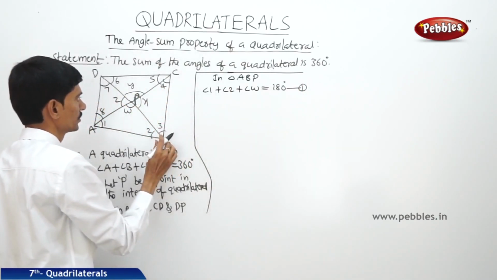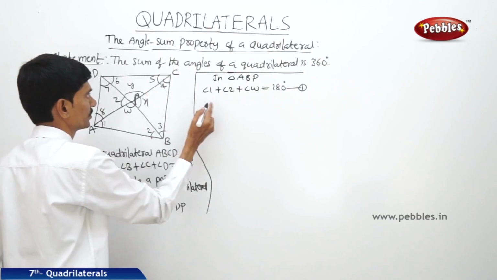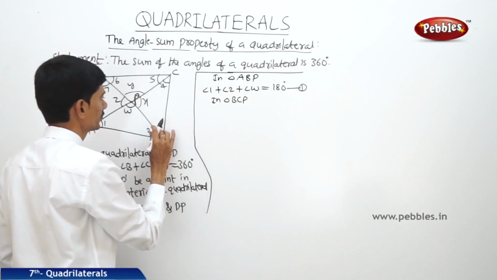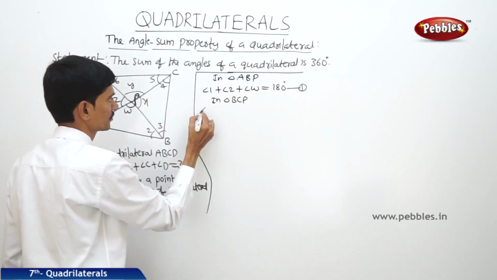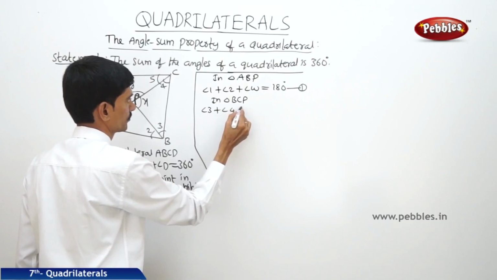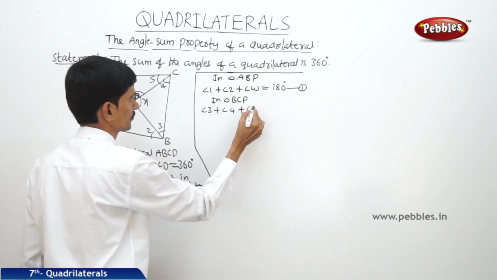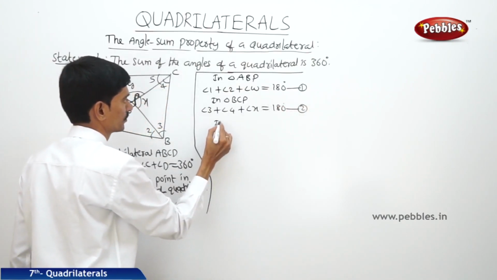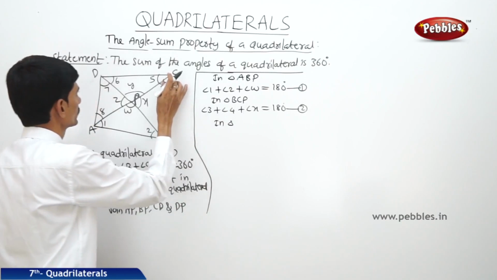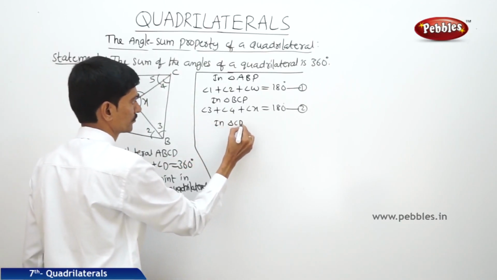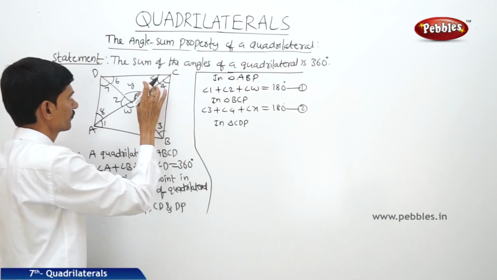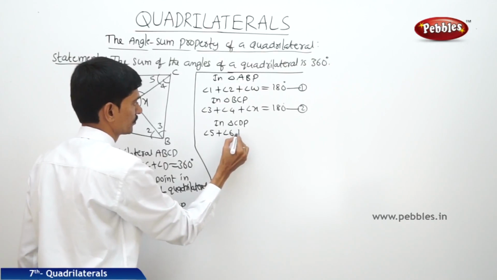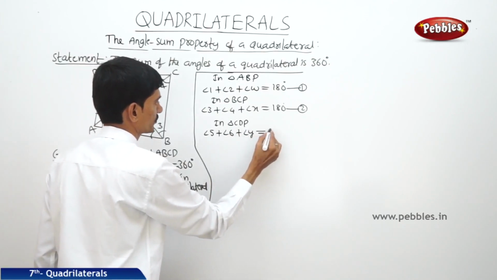Now in triangle BCP, angle 3 plus angle 4 plus angle X equals 180 degrees. So this is equation 2. In triangle CDP, angle 5 plus angle 6 plus angle Y equals 180 degrees.